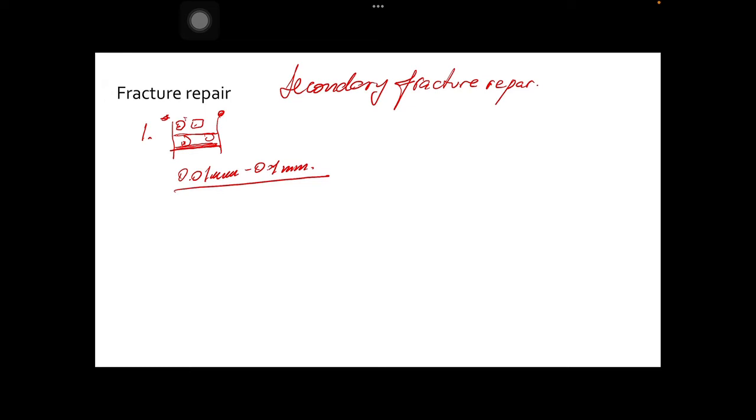But when you need a large fracture repair, and there's a big gap, for example, an important distance between the distal and the proximal end of about, say, 0.5 millimeters, 1 millimeter or so, you will need to trigger the secondary fracture repair mechanism, right? For this, you will need to trigger first what we call the acute inflammation.